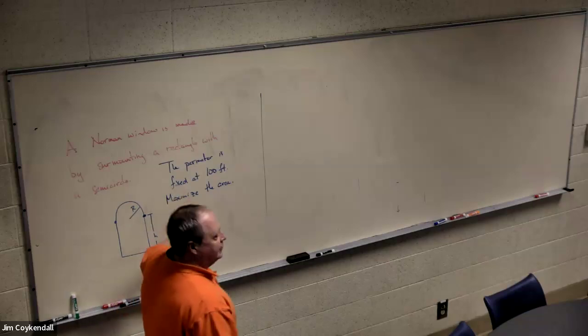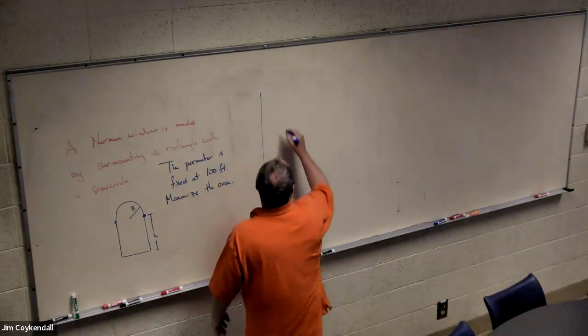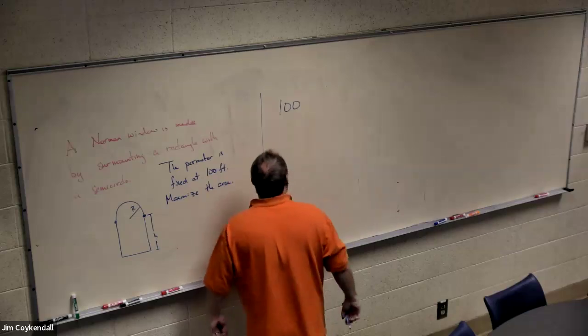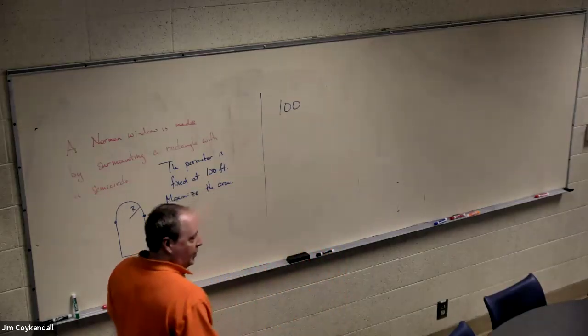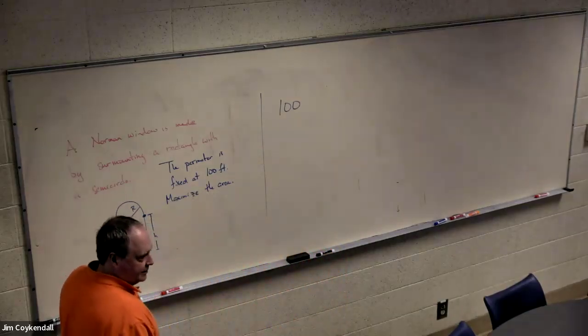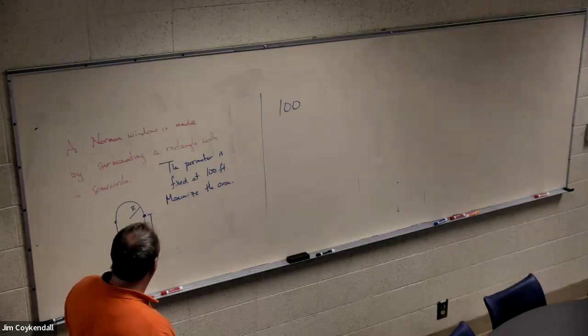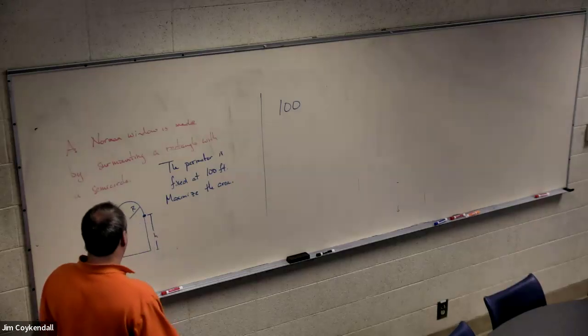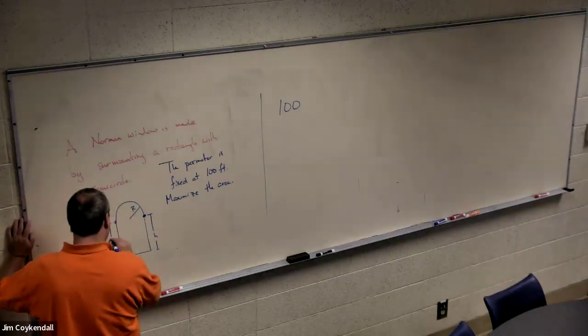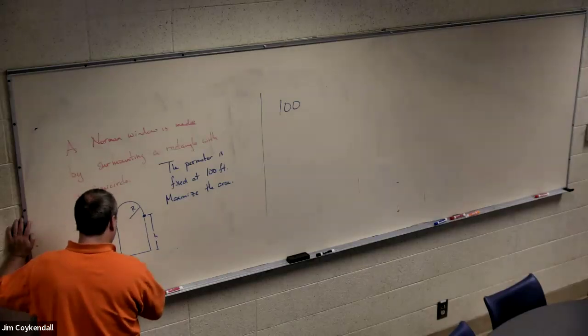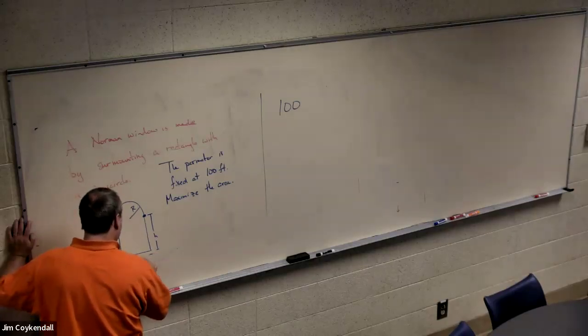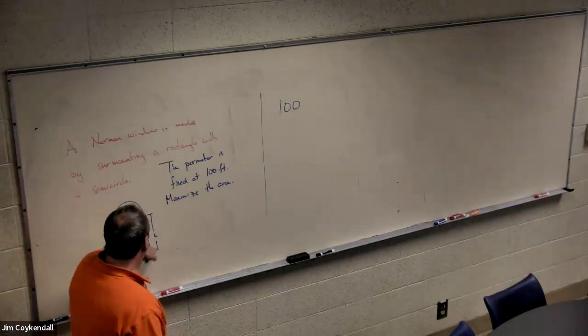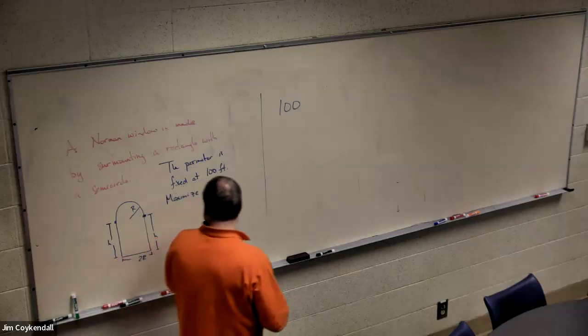Okay, perimeter is 100 feet. What's the perimeter? Okay, good. We've got two lengths of edge. What's this length here? Good. We'll see what we get here.